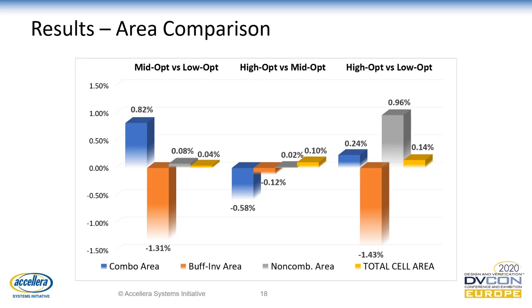But what is important to see is that when we move to one single domain where all the clock branches are synchronous to each other, the buffer insertion decreases. We can see that if we compare the mid-opt versus the low-opt and the I-opt versus the low-opt, where we apply this feature, the buffer insertion decreased.